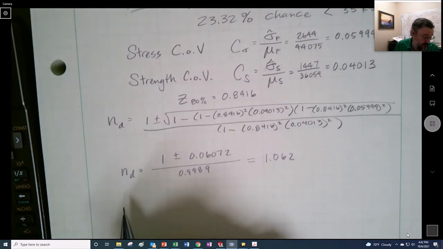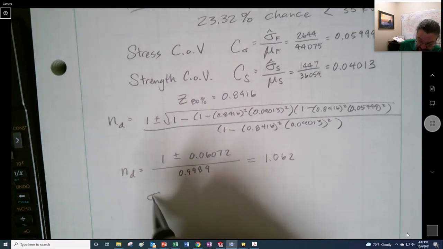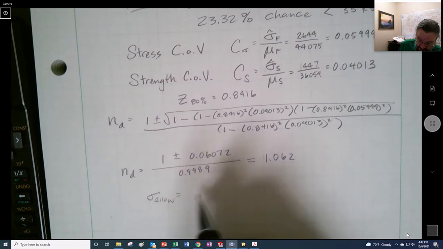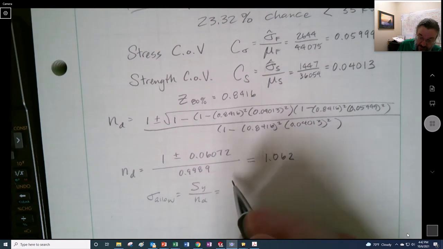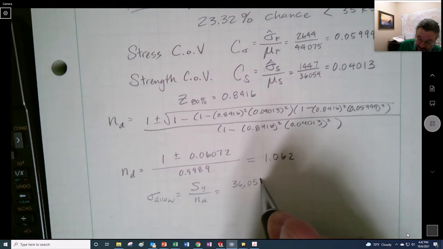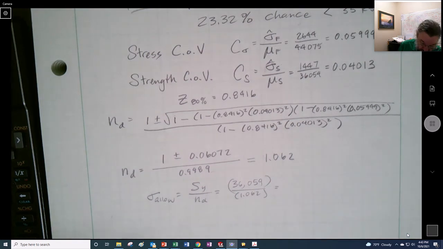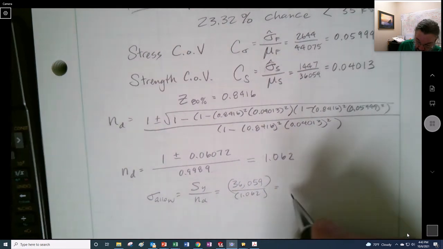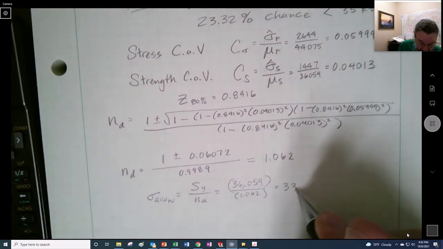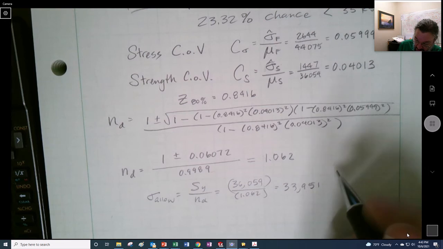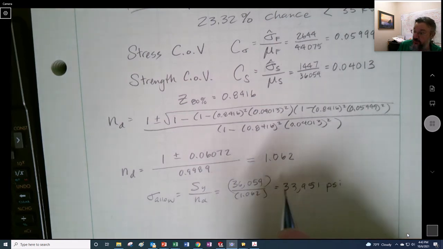And so the allowable stress is going to be the yield strength over the design factor, and the average yield strength was 36,054 divided by 1.062. We get 33,951. These are PSI. I haven't changed to KSI yet.